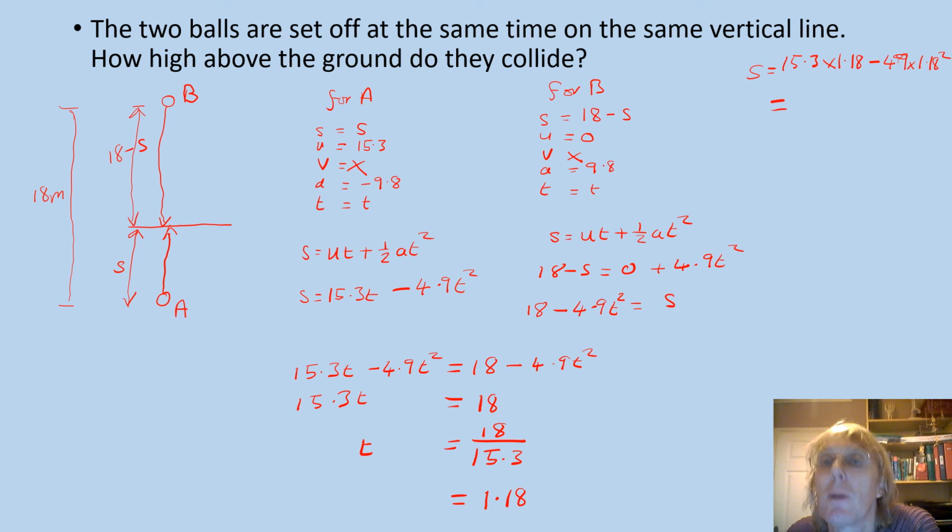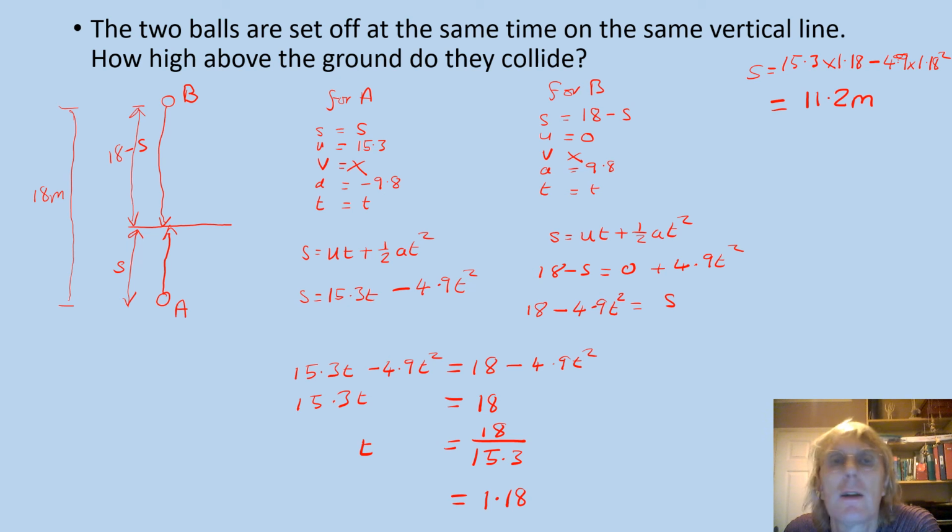And if you work that all out, that gets S equals 11.2 meters. That seems okay. It's just over halfway up, and that seems about right, because the bottom one's projected quite fast, the top one's just dropped. They're going to meet just over halfway.